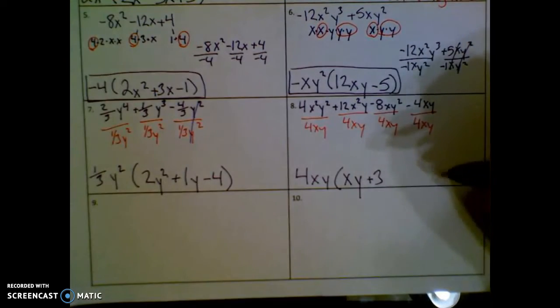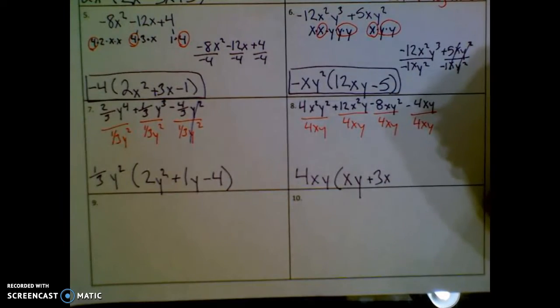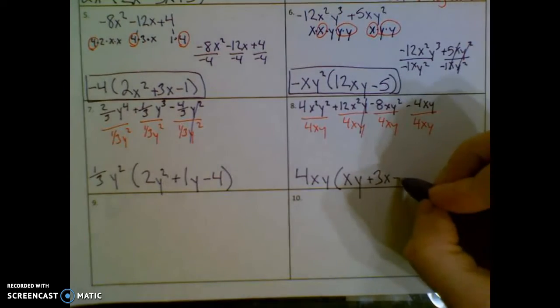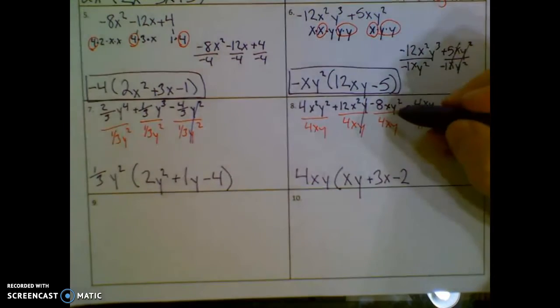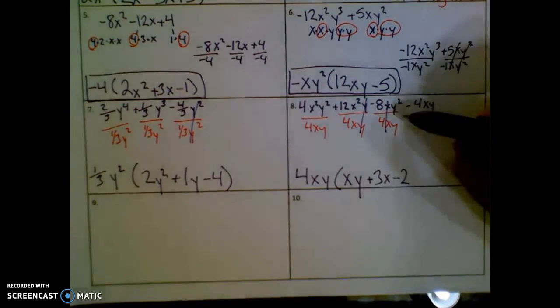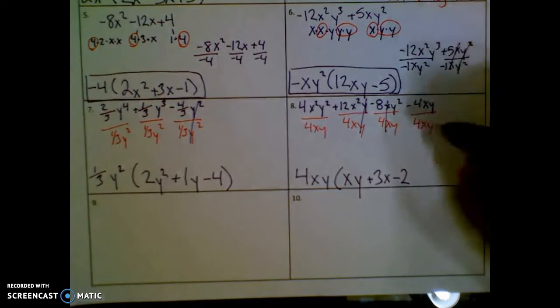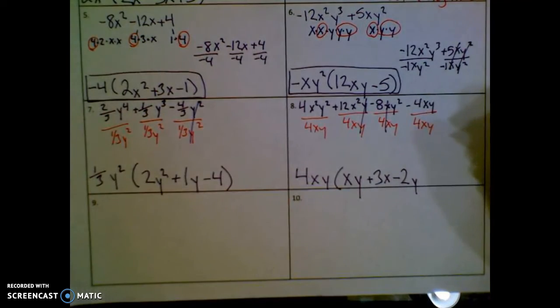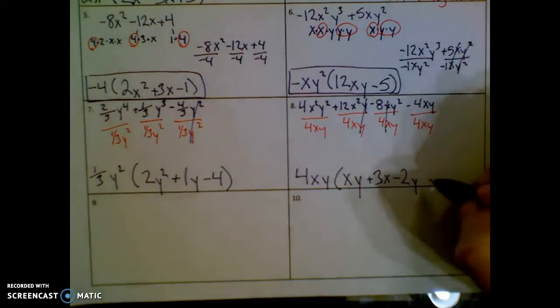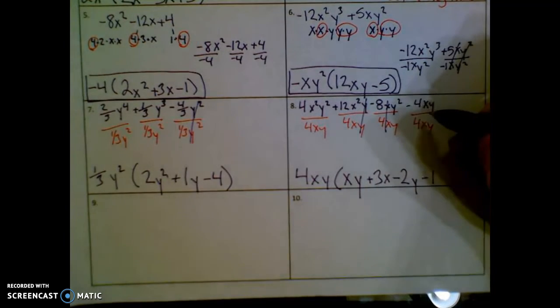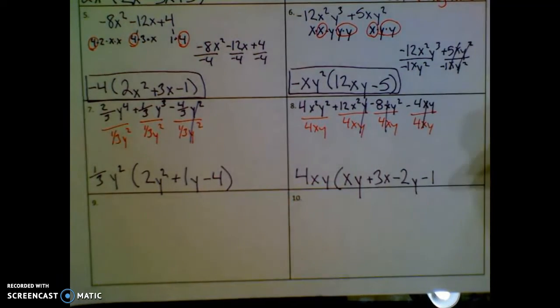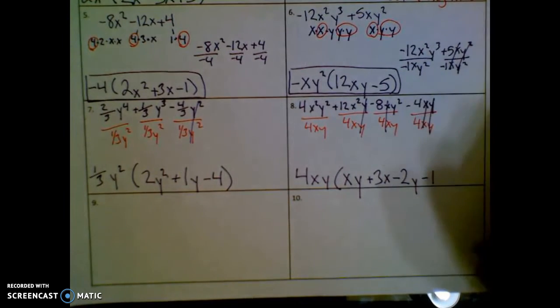X squared divided by x leaves me x. Y and y cancel. Negative 8 divided by 4 is a negative 2. X and x cancel. Y squared divided by y leaves me 1y. Negative 4 divided by 4 is a negative 1. X divided by x cancels, and y divided by y cancels.